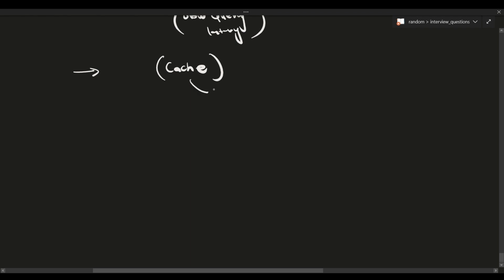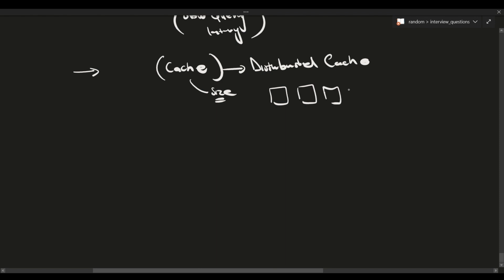There's a specific size that it can store. Which means that this has to be distributed, so it's going to be a distributed cache. Which means that our data will be stored on different nodes.